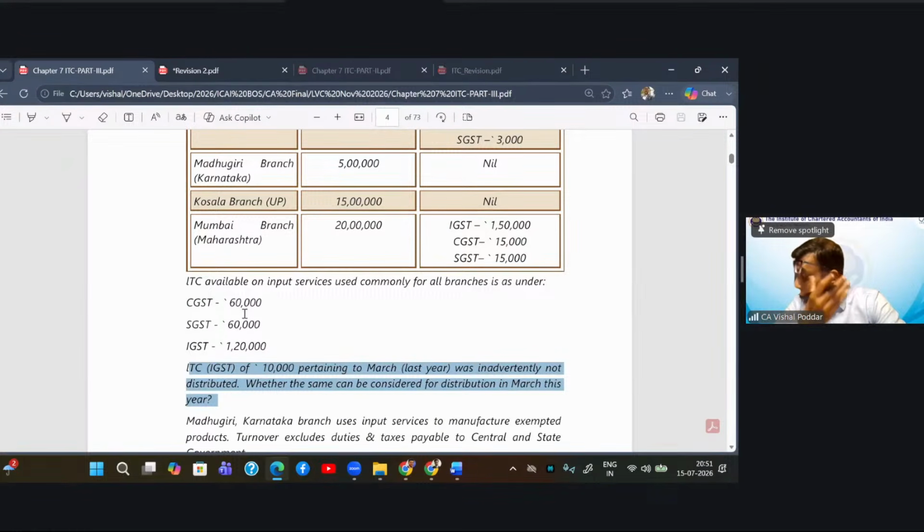Why? Because you know that credit of one state cannot be transferred to another state. So if you have taken CGST and SGST in one state, that cannot be given to another state. That is why they are given to other states in the form of IGST.